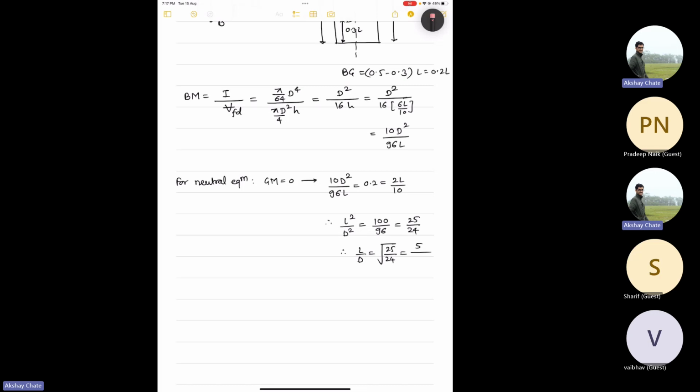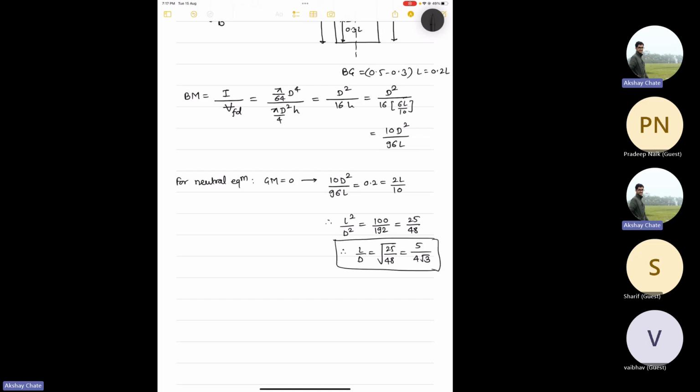Yeah, I missed this too. See, this is 12 by 10, right? So 96 into 2 will be there. So this becomes 96 into 2 is 192. And if you divide it by 4, it will be 48 here. So the square root of 48 is 4 root 3. So this is your final answer.